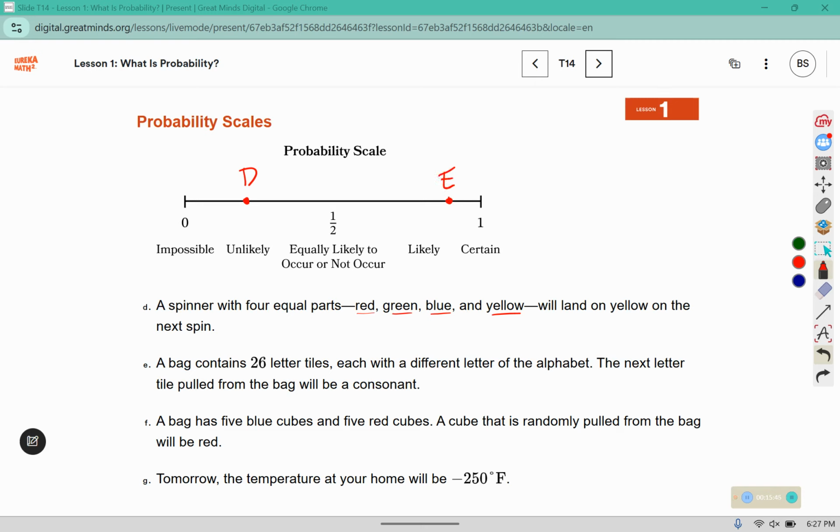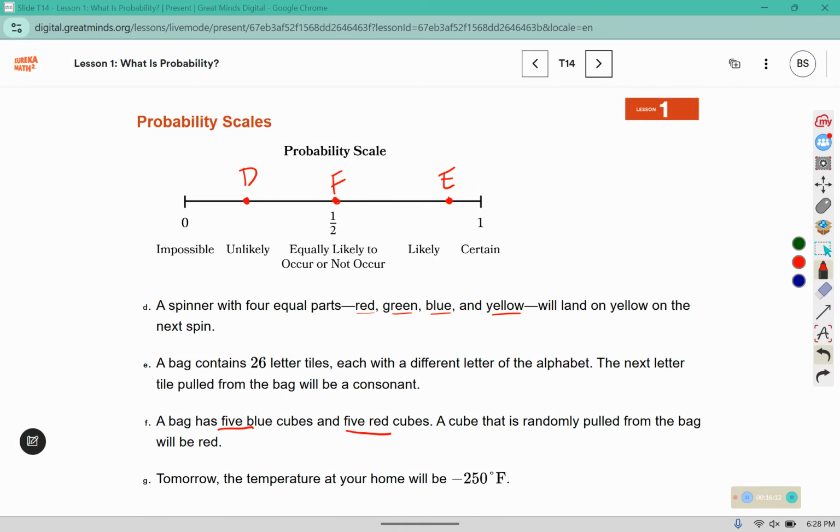A bag has 5 blue cubes and 5 red cubes. A cube randomly pulled from the bag will be red. Well, there are the same amount of each, so that should be right here in the middle. They are equally likely to occur. Tomorrow, the temperature at your home will be negative 250 degrees Fahrenheit.